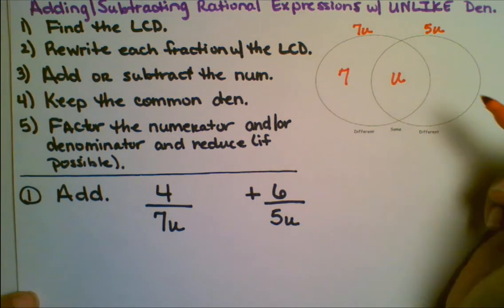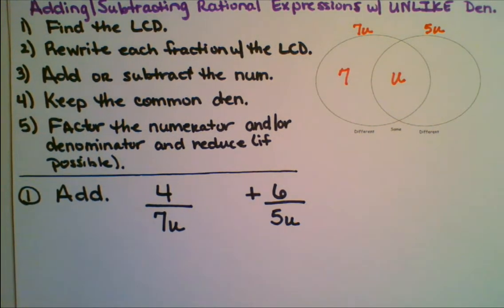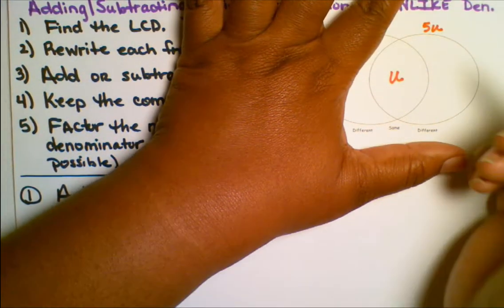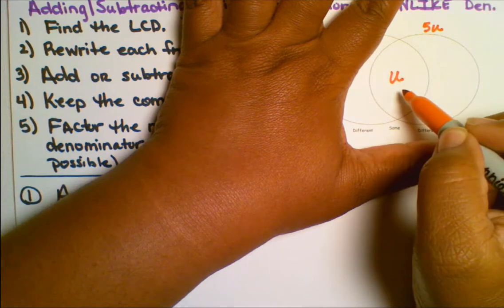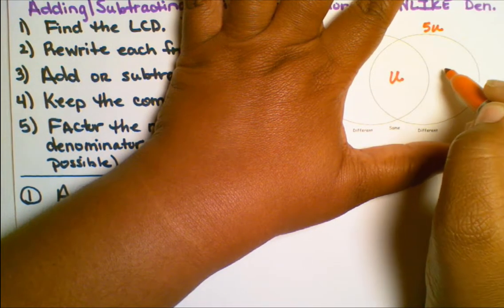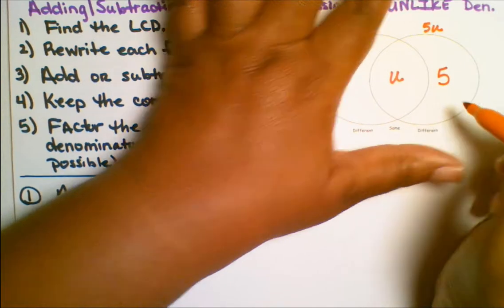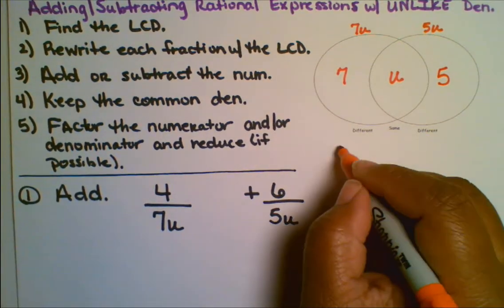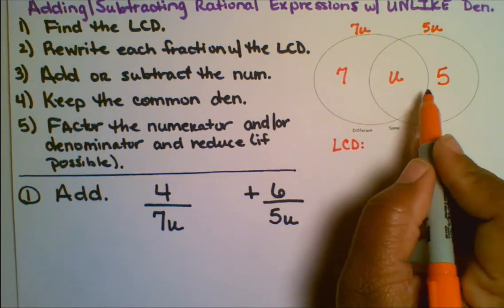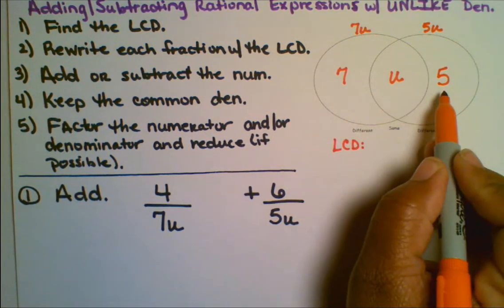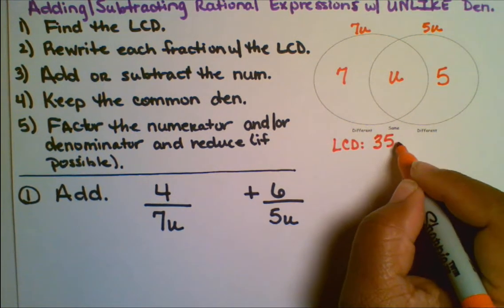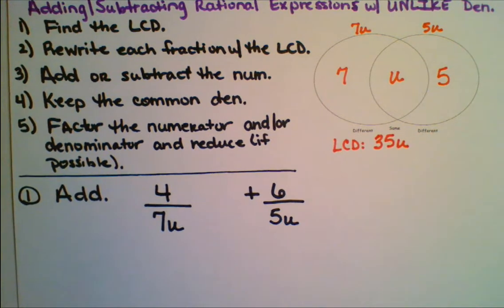And then for the second circle, we have u. What's different? What do we need to include in that bubble? A 5. So to find the LCD, we're going to multiply all parts, the 7, the u, and the 5, and that will give us 35u as the LCD.